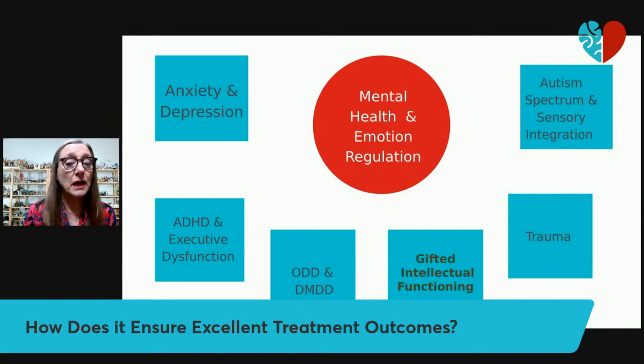We know it could be oppositional defiant disorder or disruptive mood dysregulation disorder. We know kids of gifted intelligence may be struggling with anxiety, and that might result in some dysregulation. There are any number of things that can be underneath and causing this emotion dysregulation.